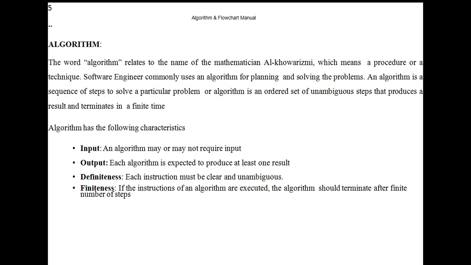Once these steps are taken, they produce a result, and those steps should terminate in a finite time. They should not take infinite time. If it takes infinite time, then it cannot be called an algorithm, because it won't produce the result in a finite time.